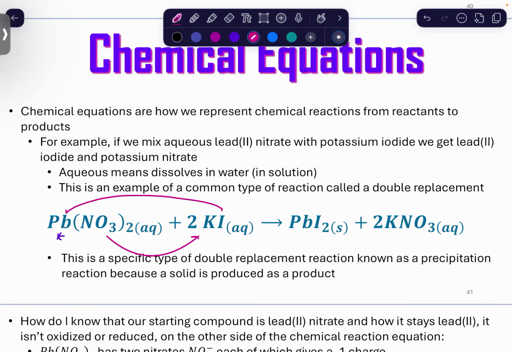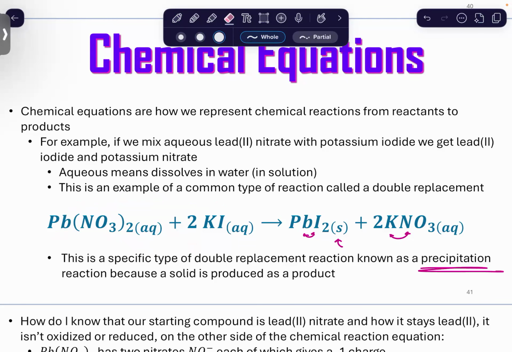Your iodide is going to come to your lead. So here you see you have your lead iodide and your potassium nitrate. That's your double replacement. Now, in particular, this is a specific type of double replacement known as a precipitation reaction because you have a solid as a product. Make sure you're getting these standardized reactions in your head, what they look like. Double replacement means your ions are going to switch places.